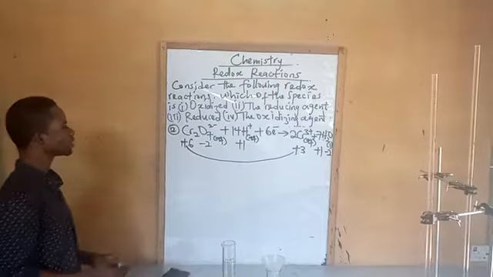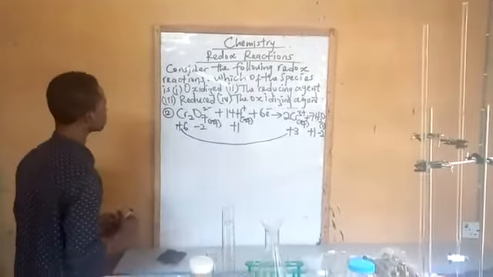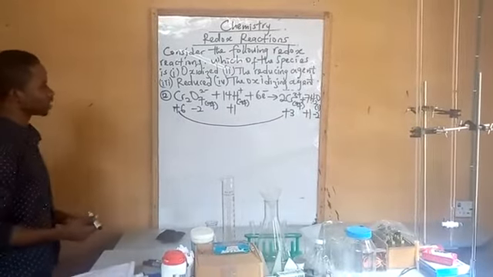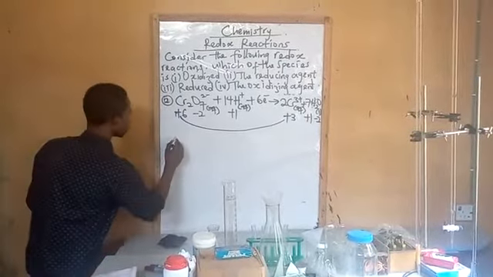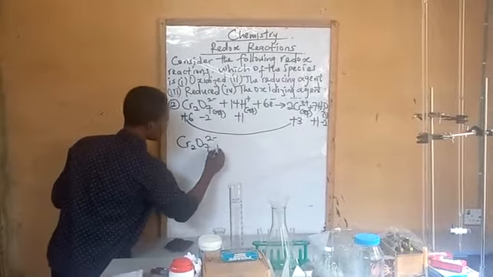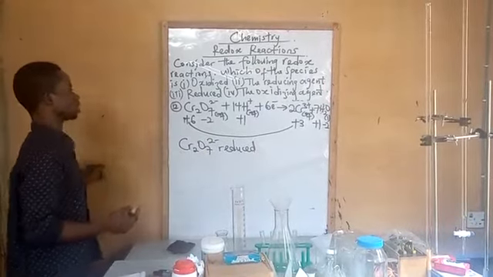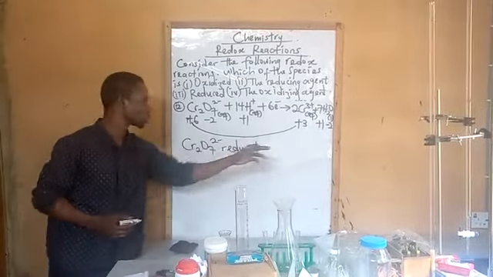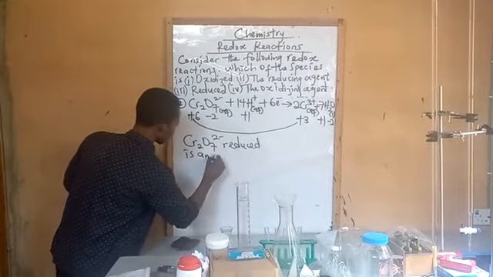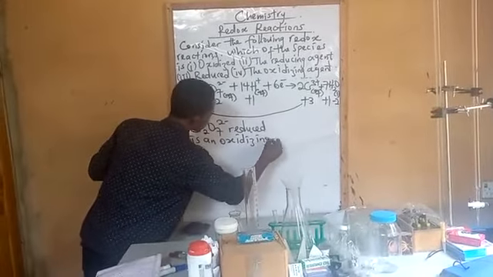That means chromium reduced, that is, Cr2O7 2- reduced. And if it's reduced, what is that? It's an oxidizing agent.